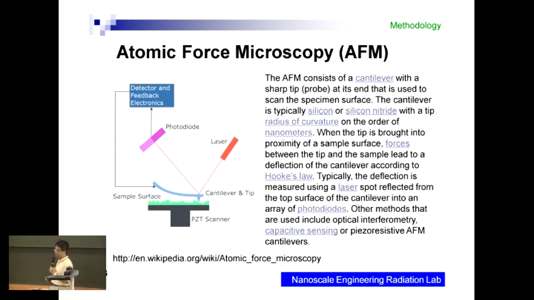The third one, AFM, atomic force microscopy. This actually is quite intuitive. It measures the profile down to the nanoscale with a probe. Even not to the nanoscale, you can measure the profile with a probe. How?